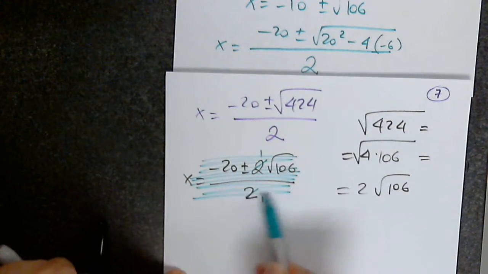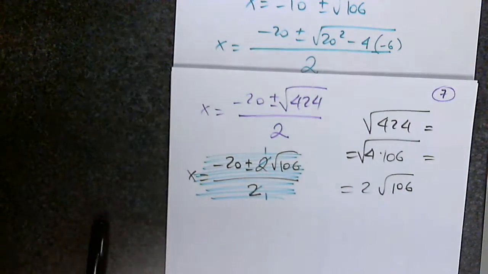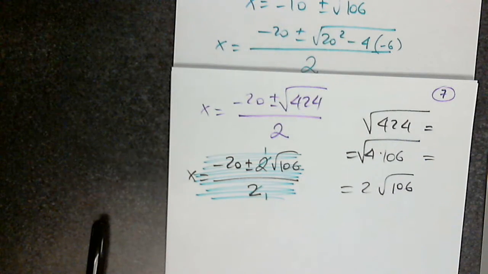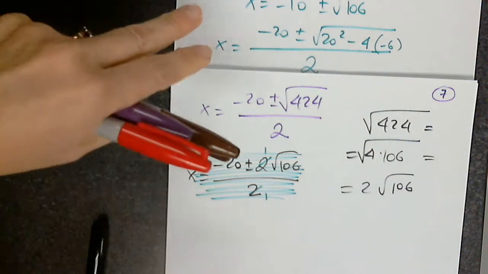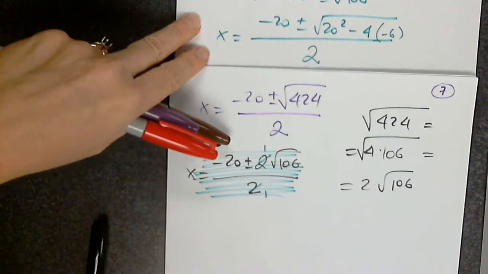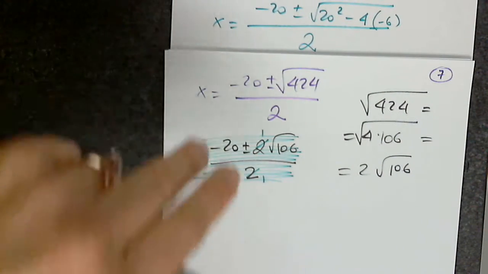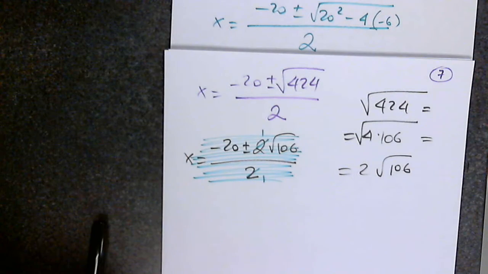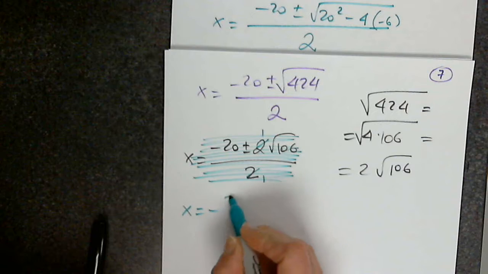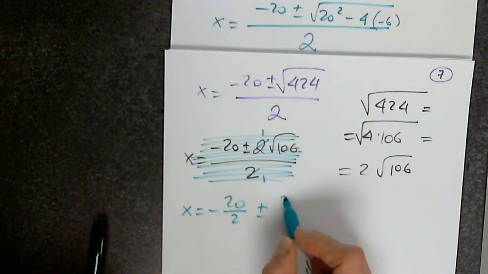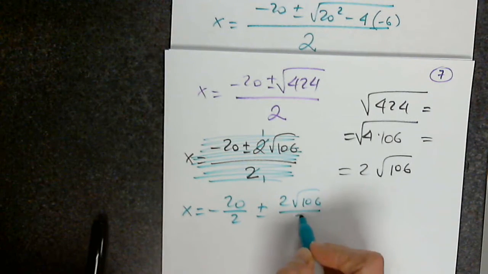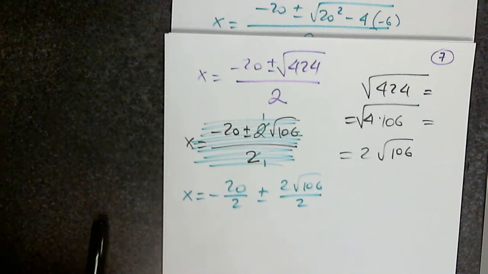Oh wait, but like at the end, if you separate it, or if you factor, that does it. Well, because on the online thing, when you do it like that, it says it's... No, you separate it and simplify, or factor. So you can write this, negative 20 over 2 plus or minus 2 the square root of 106 over 2. And now you can simplify.